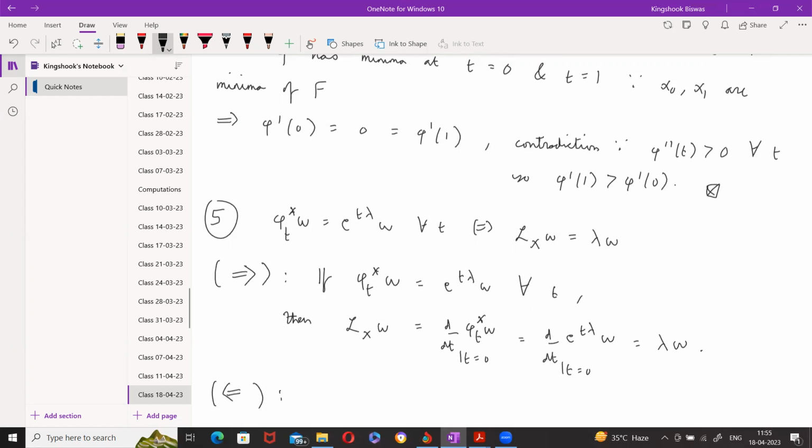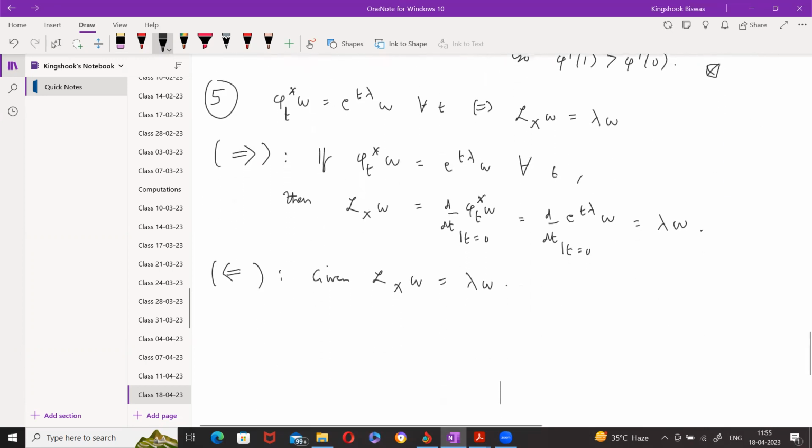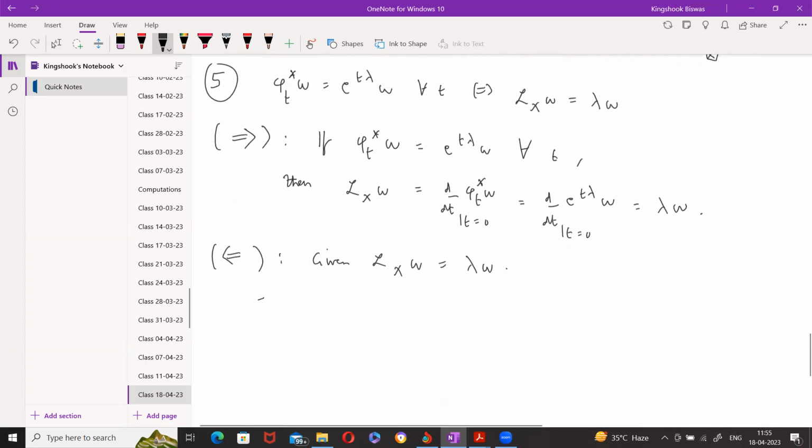So suppose Lx omega is lambda omega. Okay. So then what can we do? So let's look at d/dt of phi t star omega, right? So this is d/ds at s equal to 0 of, so we've done this kind of calculation before, right?